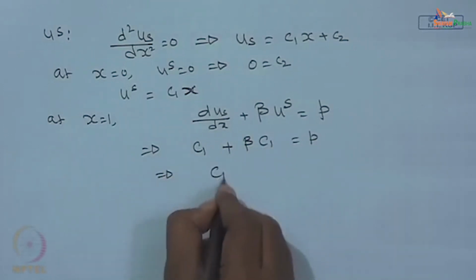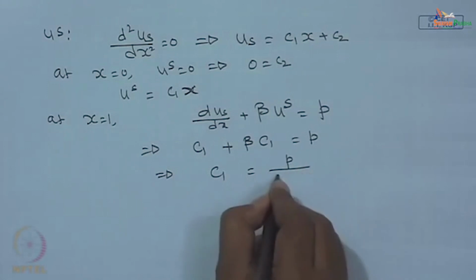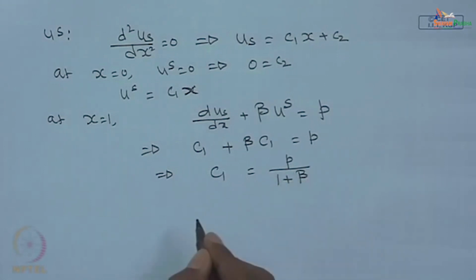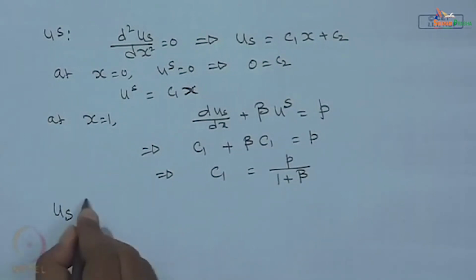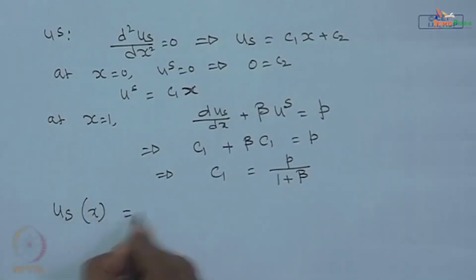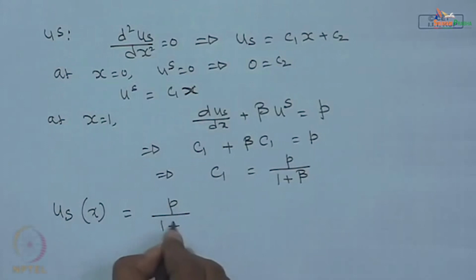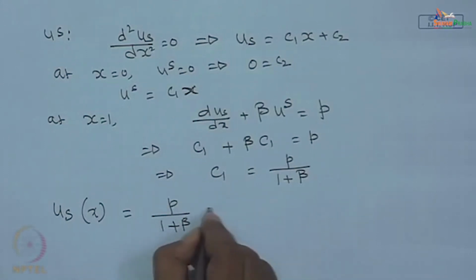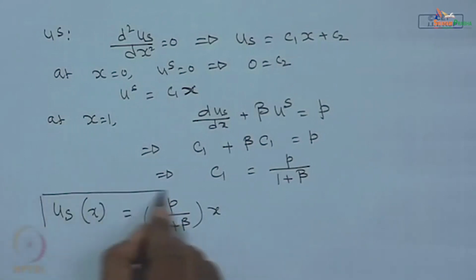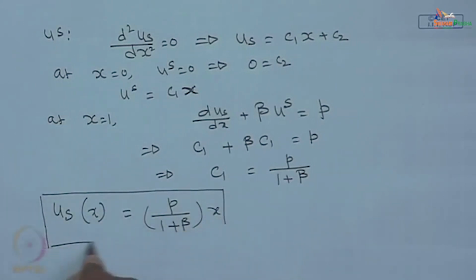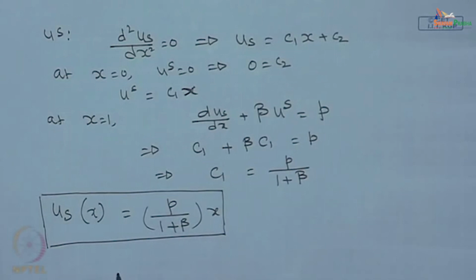So, C 1 turns out to be p divided by 1 plus beta. So, therefore, the steady state solution becomes p divided by 1 plus beta times x. So, this is the steady state solution.